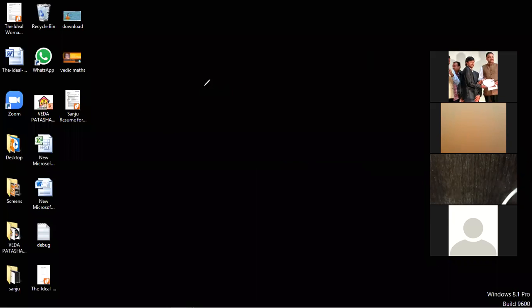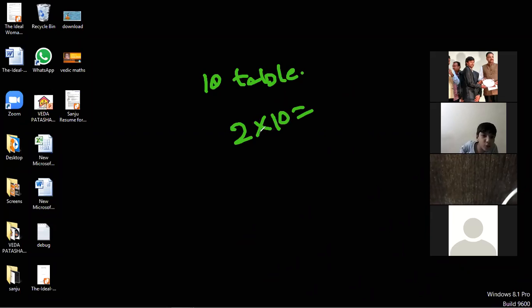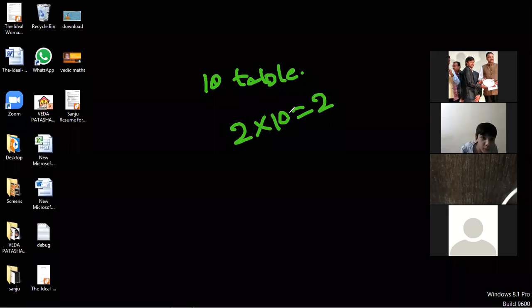Let's see. We'll also learn the 10 table now. If you know the one table, it is easy to learn the 10 table. Why? Because you already know the one table, you just add a 0. 2 times 1 is 2, and how many zeros are there? One 0.